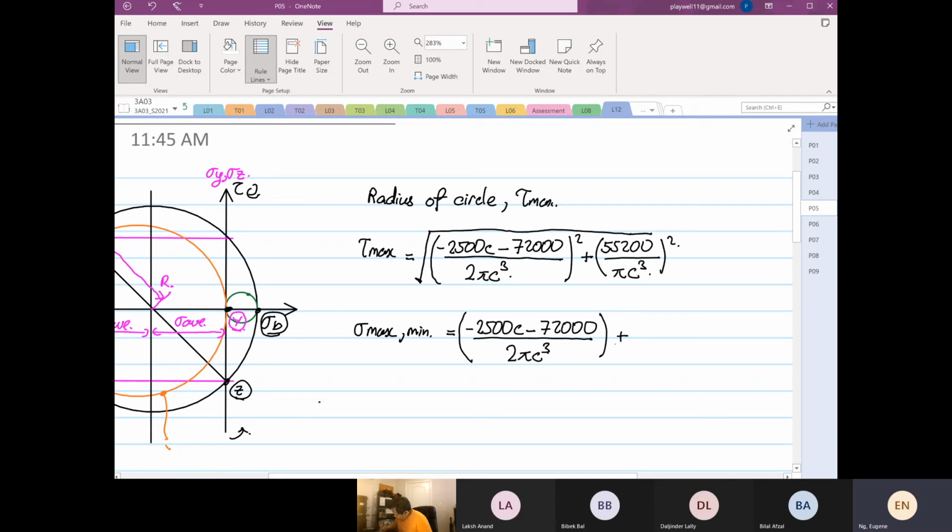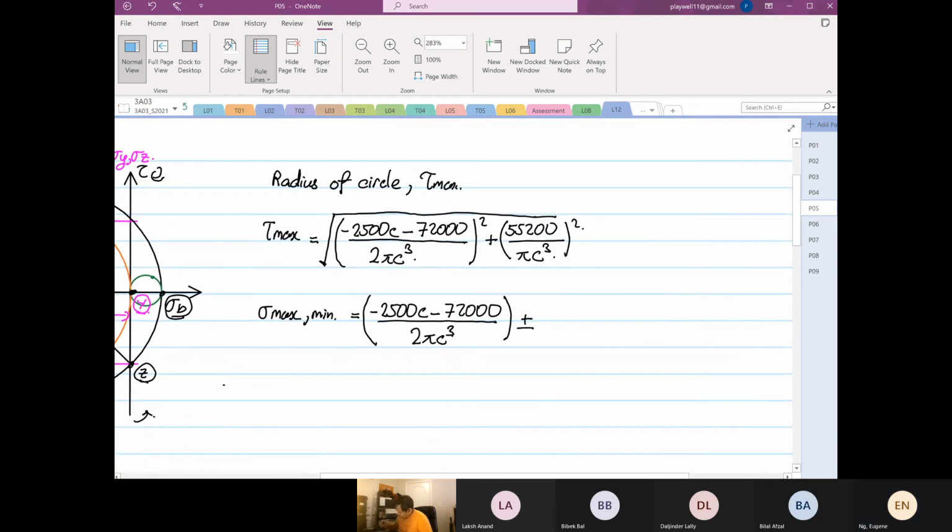And then plus or minus the square root of minus 2500 C minus 72,000, this whole thing squared, divided by 2 pi C cube, plus 55200 over pi C cube.